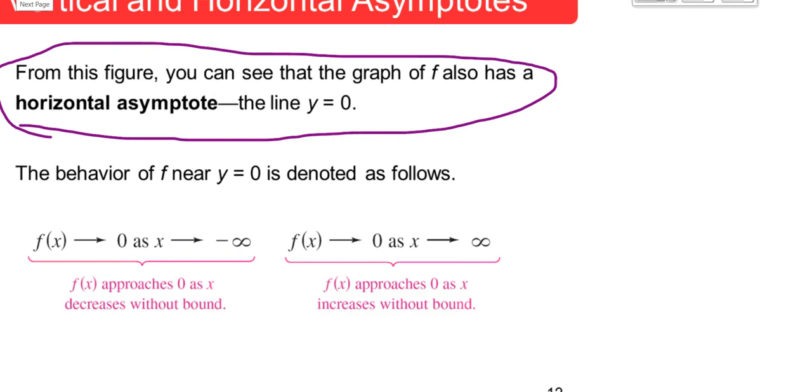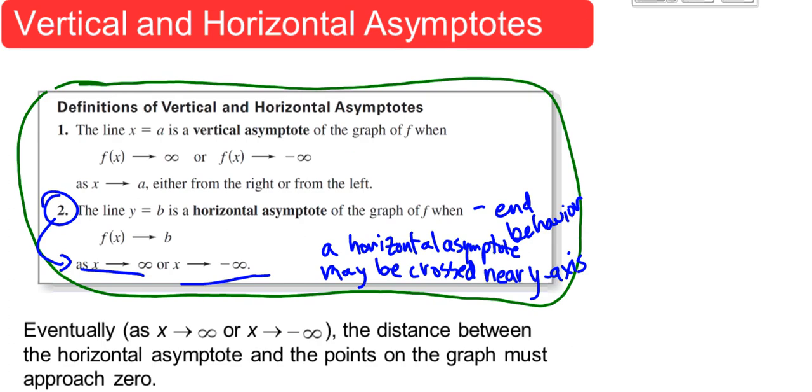Then moving on, I have this a little pre-highlighted, so I've just left all that on there. So these are the definitions of vertical and horizontal asymptotes. The line x equals a is a vertical asymptote. I don't have anything vertical written in here, but you might draw in a little vertical asymptote.